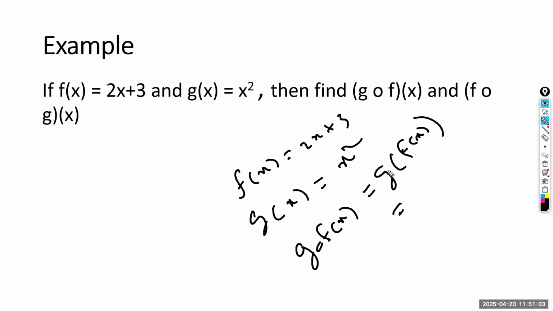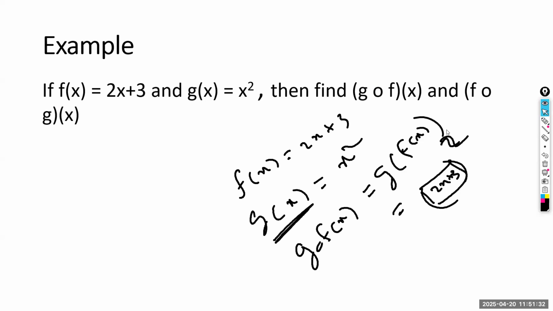Now you write g(x), that is this, but instead of x, you need to write f(x). So g(x) is what? x squared. If it is g(x), it is x squared, but it's not g(x), it's g of f(x). So rather than x, you need to write f(x). f(x) is 2x plus 3. So this is your final answer. So g∘f(x) is (2x plus 3) squared.